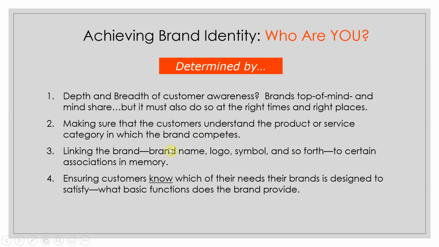We call that brand identities or brand elements. There are basic elements in the name. So marketers must ensure customers know which of their needs their brand is designed to satisfy. So it's about the basic functions.